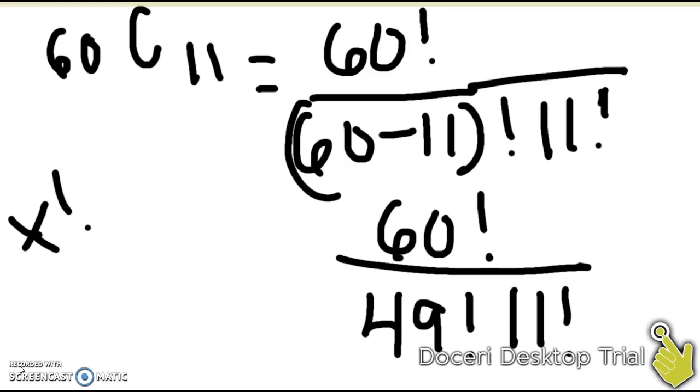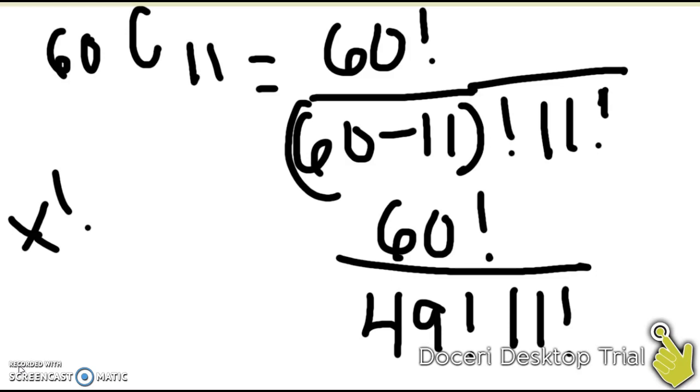Then hit divided by 49 x factorial. And when you do that, you should get 6.08 long number exponent 62. And then divided by 11 x factorial.